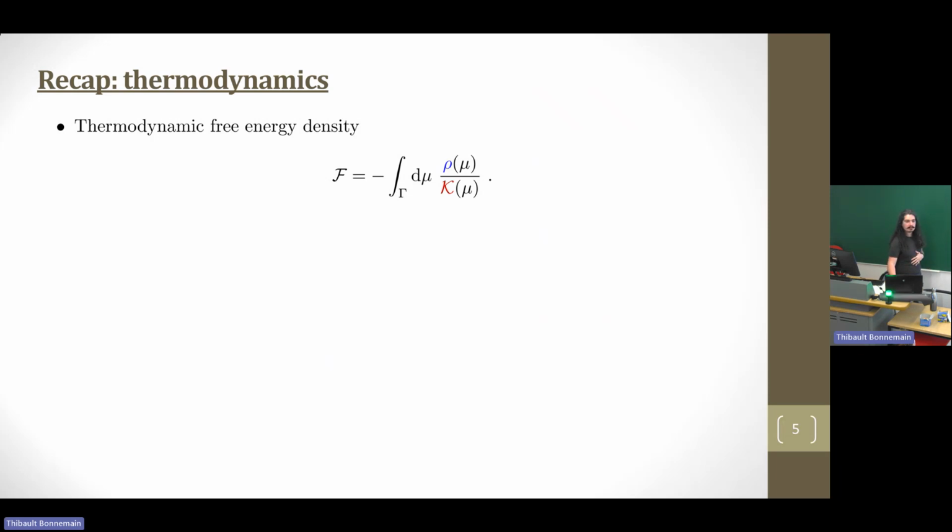Why does the energy look like that? What's the interpretation? That's a good question. No, I don't have a clear interpretation of why it looks like that.